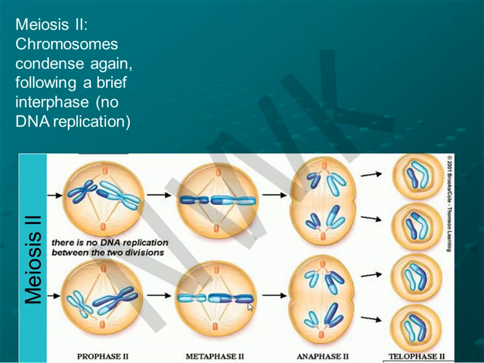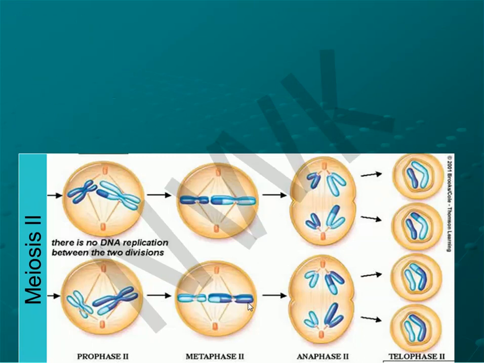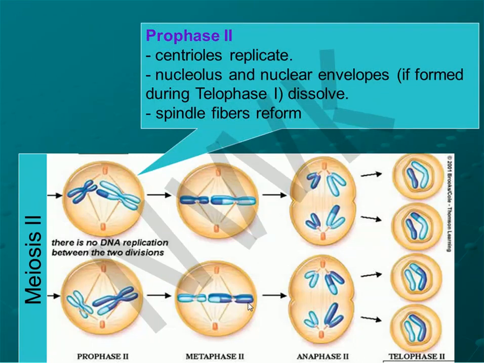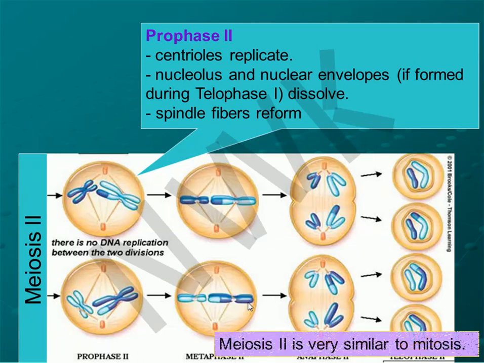After telophase 1, the cell will proceed to meiosis 2. Meiosis 2 is quite similar to the mitosis process. Here, the centrioles will replicate again, the nuclear envelope will start to dissolve, and the spindle fibers will form and attach to the chromosomes.